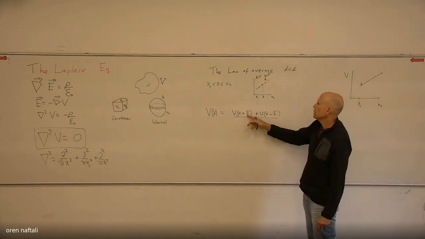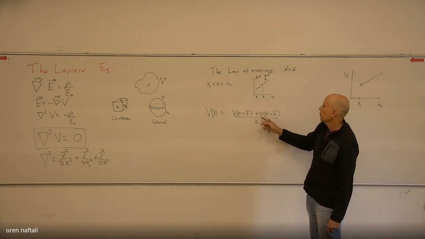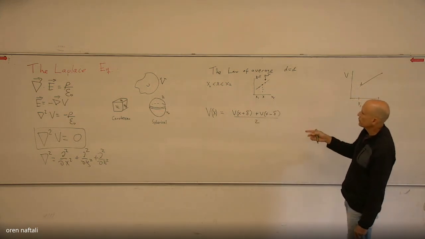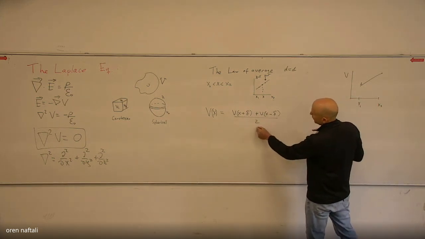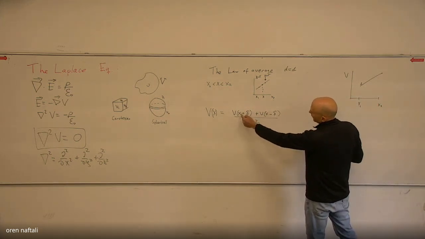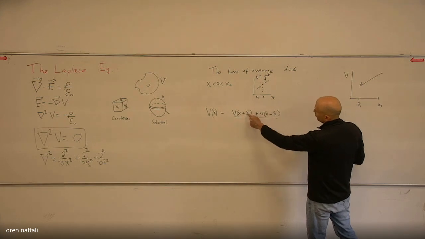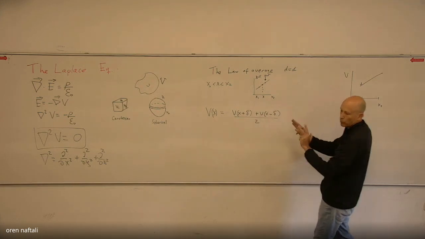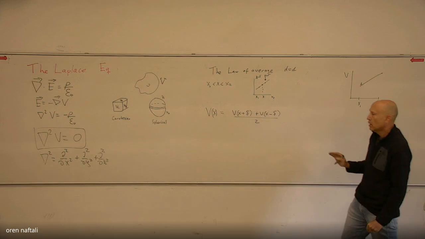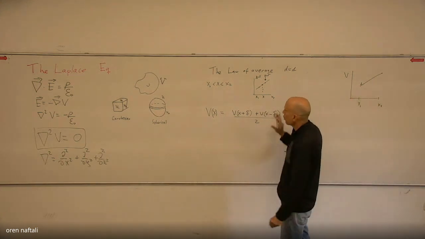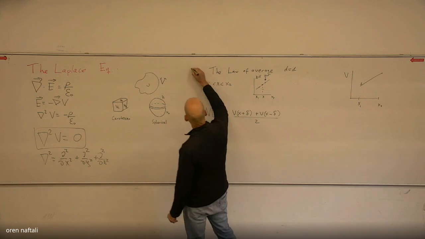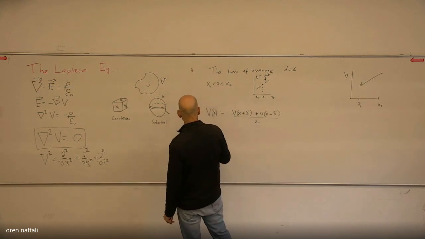Because if I put x plus delta, then it's trivial. The b here, you have b plus b, divided by 2. And in the a(x plus delta) term, the x will remain, and the delta will cancel with the minus delta. It's very easy to see this, and this is called the law of the average. So what we see from one dimension is one thing: we have some law of the average, which is very simple.